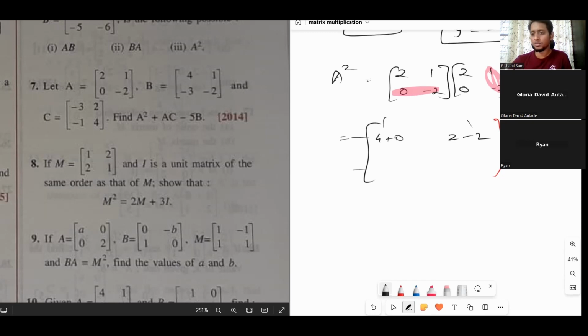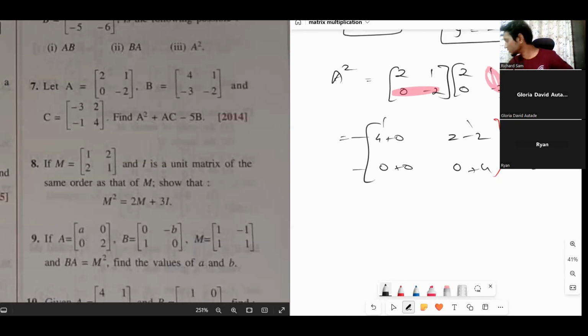So 0 into 2, that's 0, plus minus 2 into 0, that's 0. Then for 2, 2, we're multiplying second row with second column. That's 0 into 1, 0, plus minus 2 into minus 2. That's plus 4. So this is 4, 0, 0, 4.